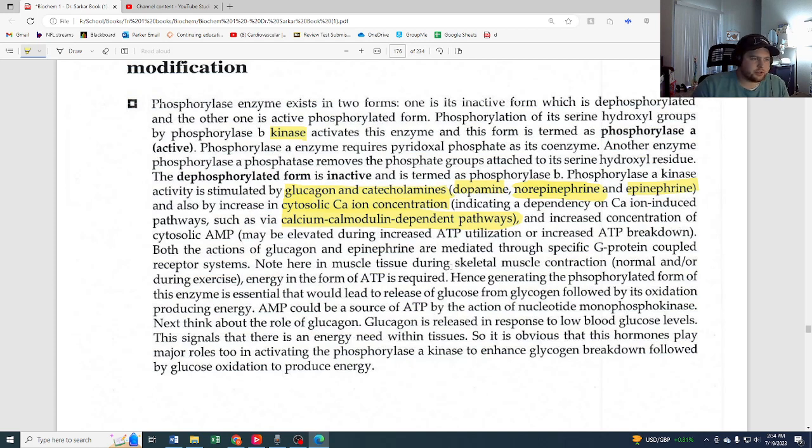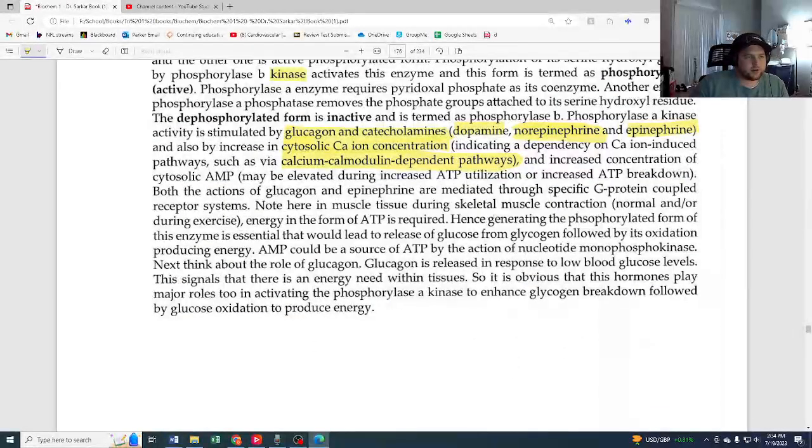Note here in the muscle tissue during skeletal muscle contraction, normal and during exercise, energy in the form of ATP is required. Therefore, generating the phosphorylated form of this enzyme is essential. That would lead to release of glucose from glycogen, followed by its oxidation, producing energy. AMP could be a source of ATP by the action of nucleotide monophosphokinase.